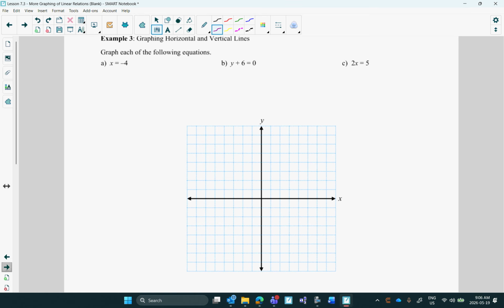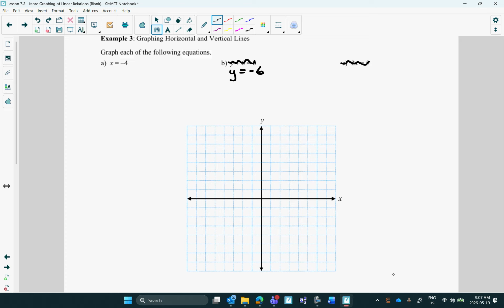So for example, I'm going to change this one. I'm going to put the Y equals -6. So we're asked to graph these two equations. X equals -4. Is that going to be vertical or horizontal?